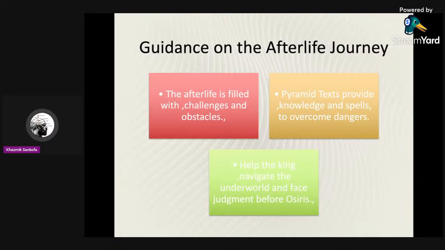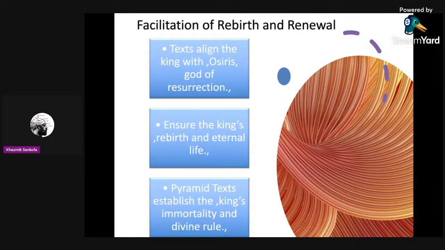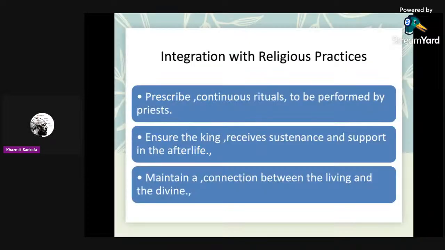Pyramid text, guidance in the afterlife. Text aligned with Asar, and to ensure the king's rebirth and eternal life, right? Continuous rituals to be performed by the priests ensure the king, or the initiate, receives sustenance and support in the afterlife.